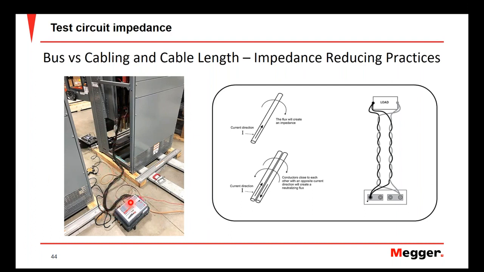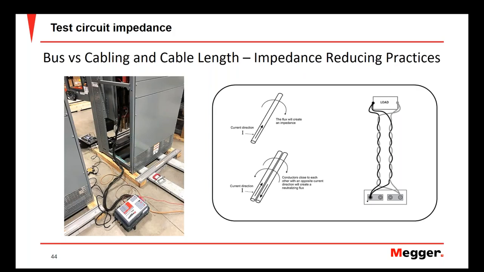Something that can happen with this is the influence of impedance, and that can come about two different ways. One way is the length of the cables that you're using whenever you do this type of testing. You want to try to limit the length of those cables to negate the impedance influence due to that factor.